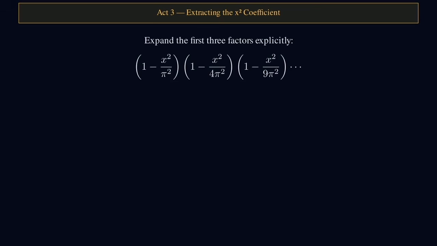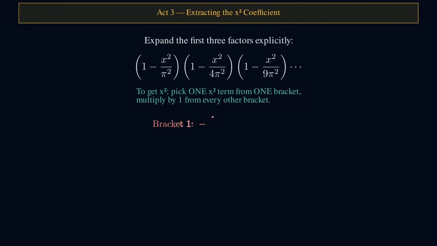What's the x squared coefficient of this product? Think carefully. To get an x squared term when you expand, you must pick the x squared piece from exactly one bracket and multiply by the 1 from every other bracket. From bracket 1, negative x squared over pi squared.